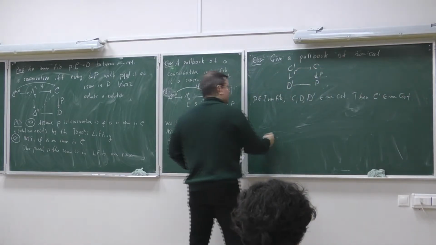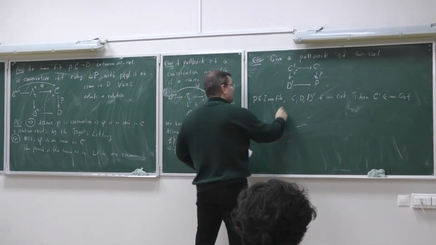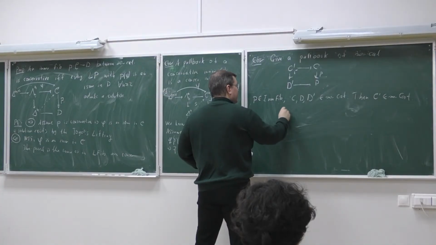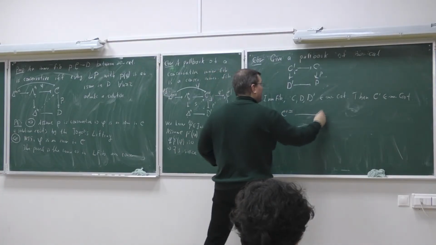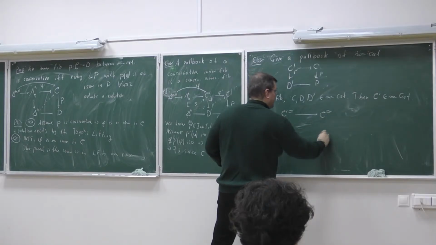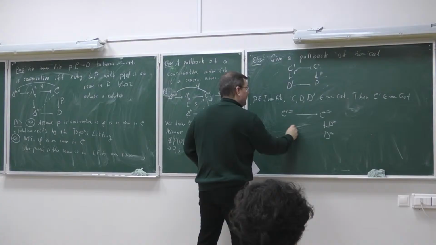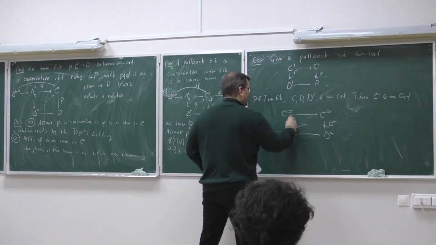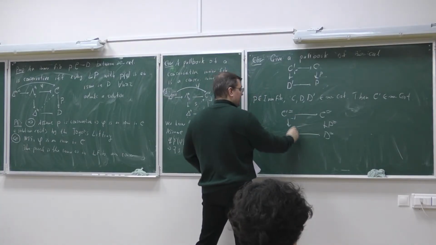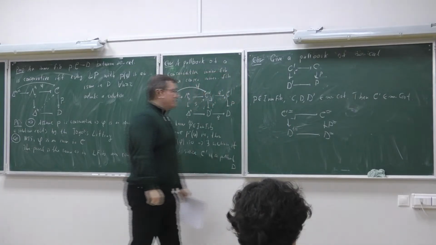The non-trivial statement is that we have the following pullback. I can take the pullback that is given and take everywhere maximal subgroupoids. When I go to the maximal subgroupoids, I still get a pullback.